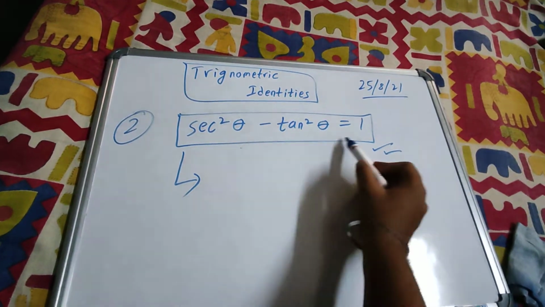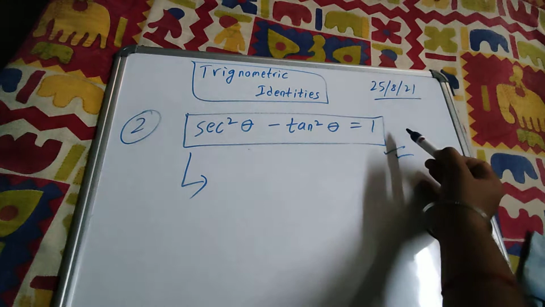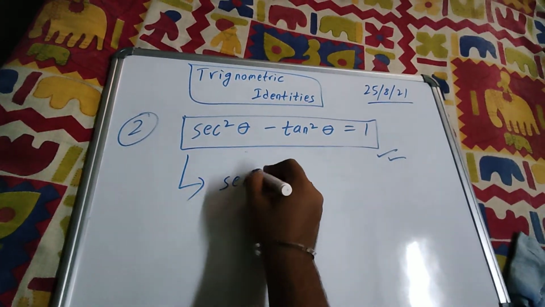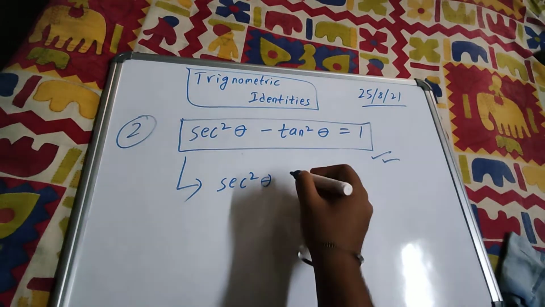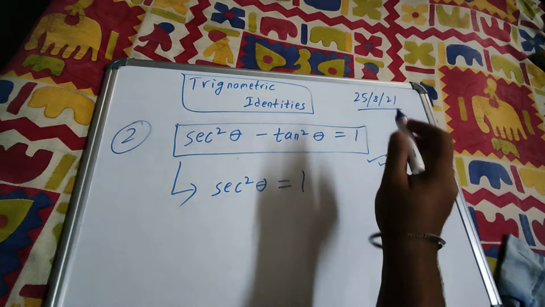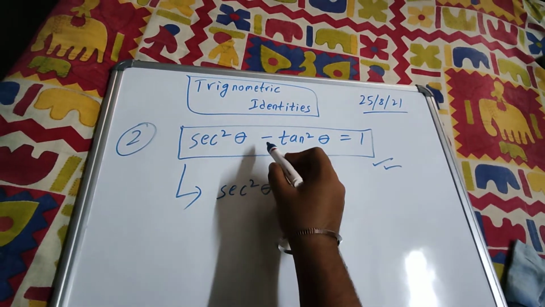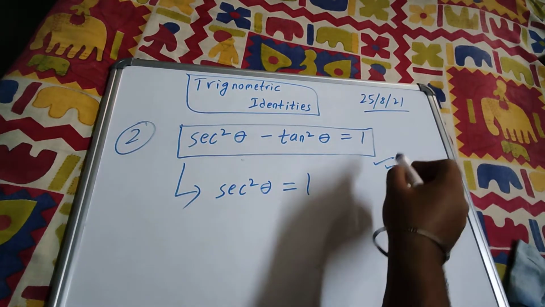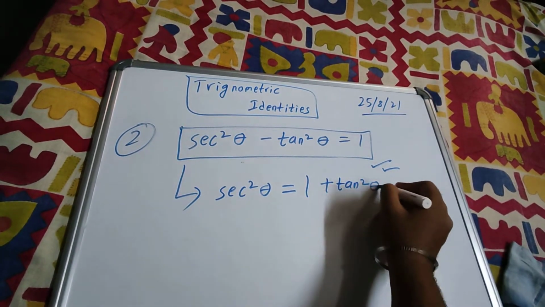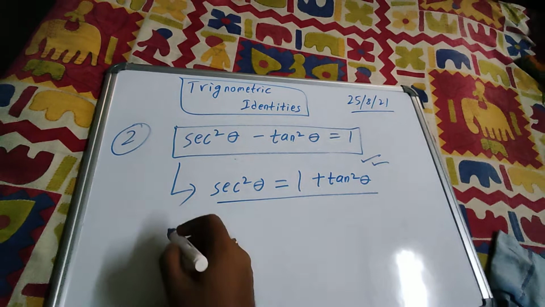If I take tan to the side of 1, then sec will remain on the left side. So sec square theta equals 1, and the minus tan square theta, if I take it to that side, will become plus tan square theta. Clear? So this is one of the counterparts.